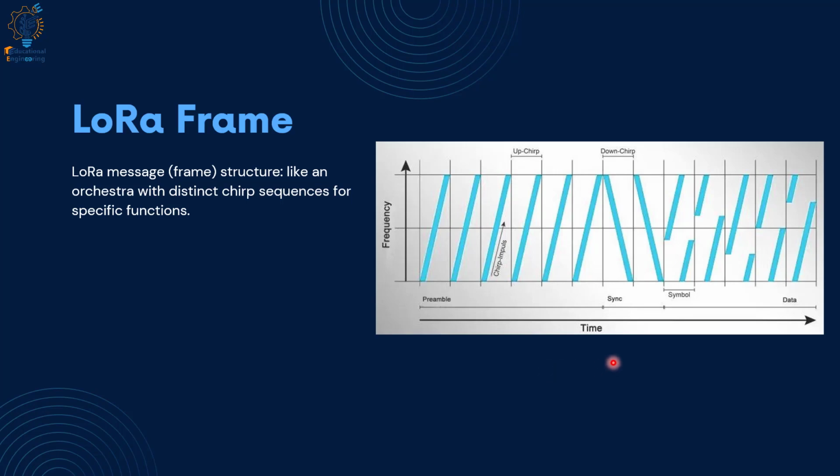Now, in a LoRa message, there are three groups of chirps: preamble, sync word, and data. Each group does something different and they use different kinds of chirps. The preamble and sync word, this is the preamble and this is the sync word, use a simple kind of chirping to get the attention of the receiver.